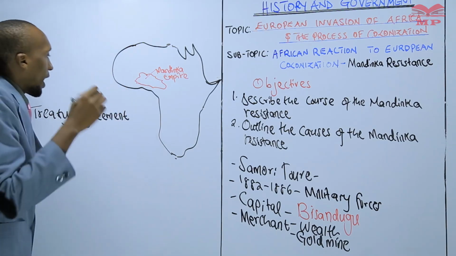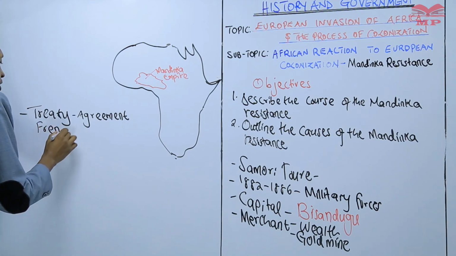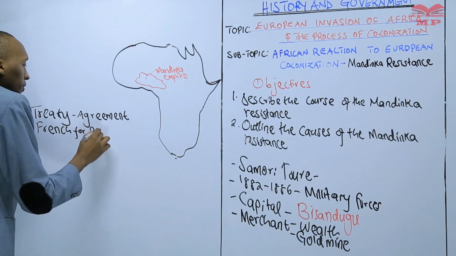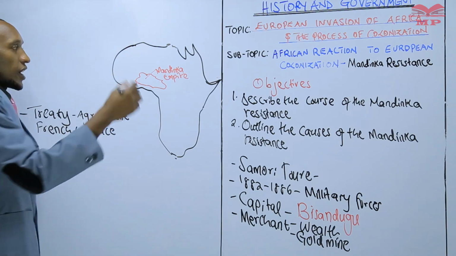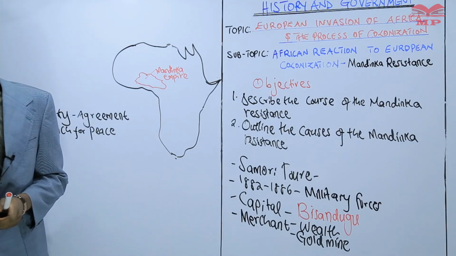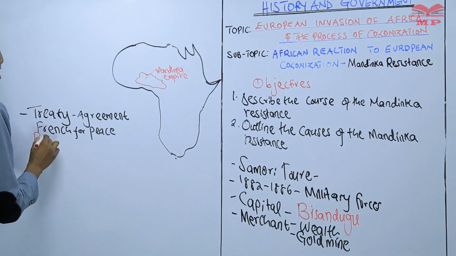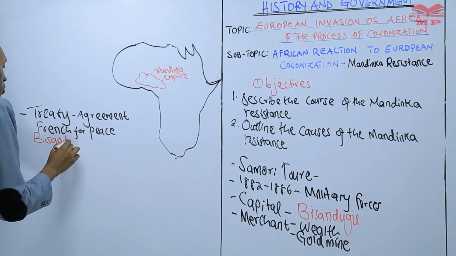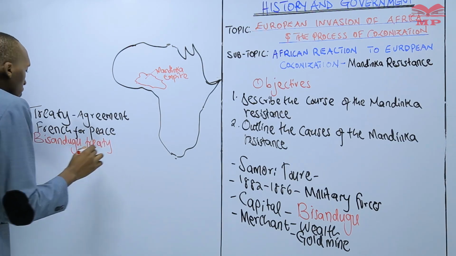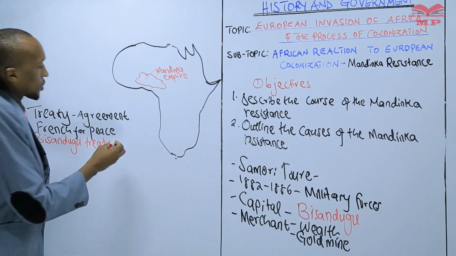So he made an agreement with the French for peace, so that the French and the Mandinka people could live in harmony. That treaty was known as the Bisandugu Treaty. It was made in March.